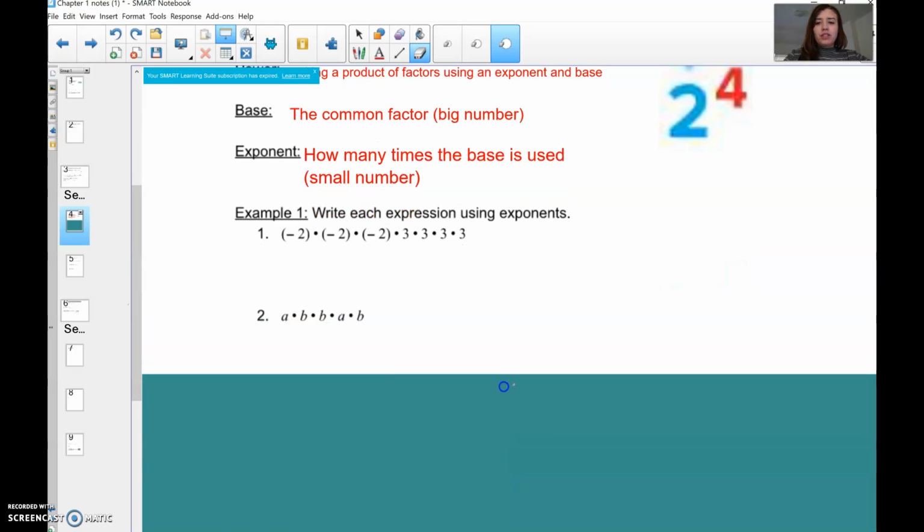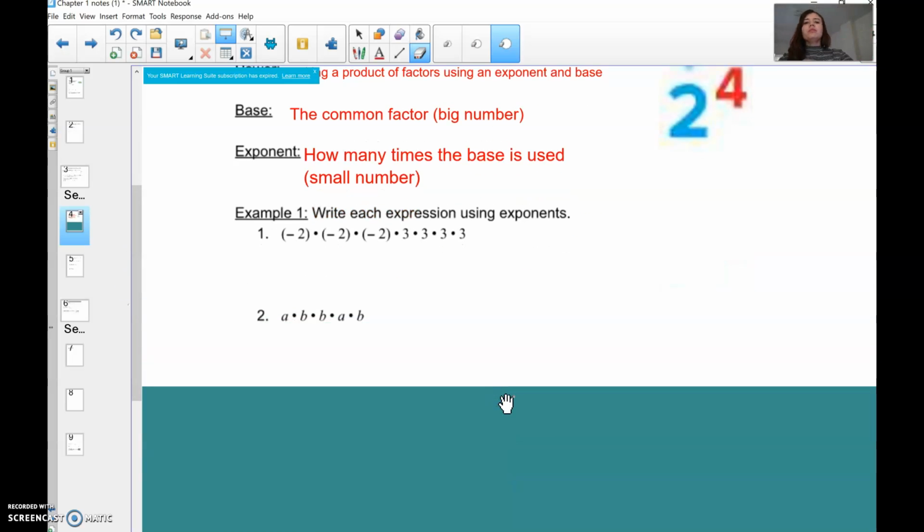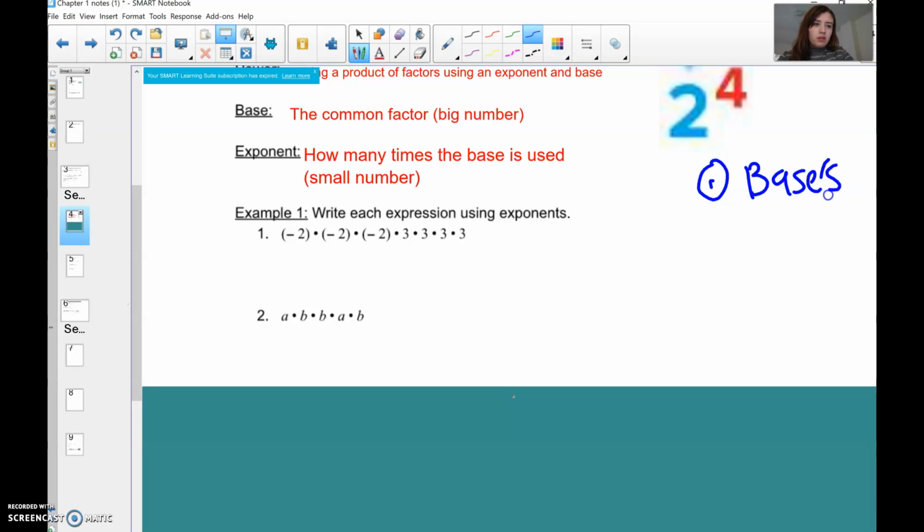So for our first example, we're going to write the expression using exponents. So first we got to find our base. Number 1, find your base or bases.